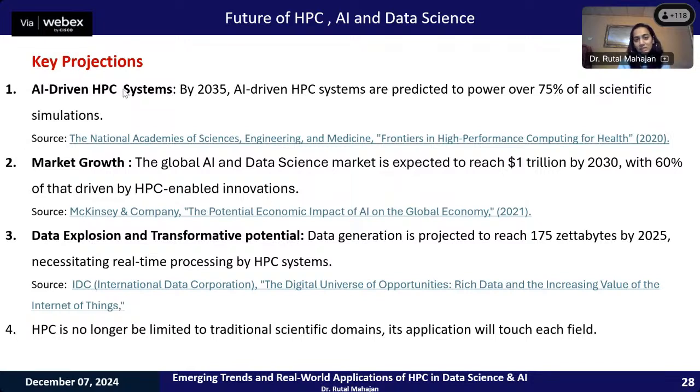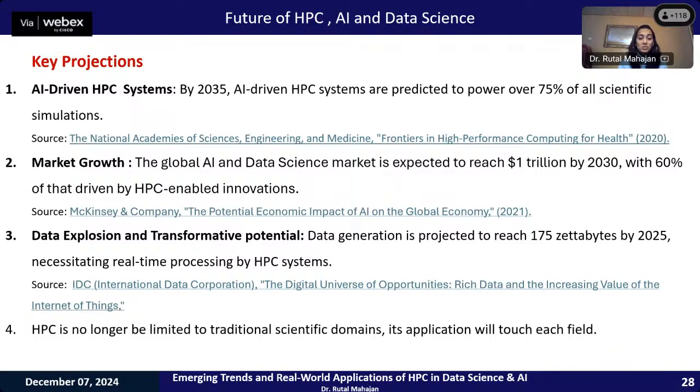From all this, the main idea behind this key projection is to tell you that it's necessary to have some insights on how important HPC is to drive the innovations in AI and data science for our real-world applications of the future, or we can say of the present, even present.